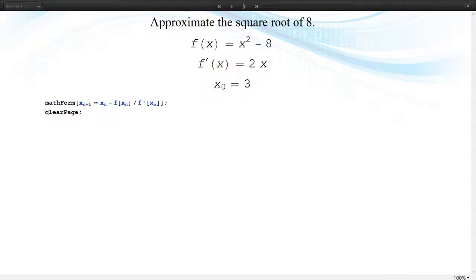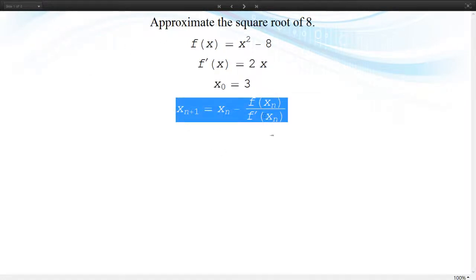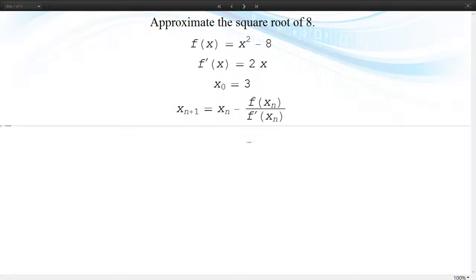So we have our formula. We're just going to plug these numbers into it.